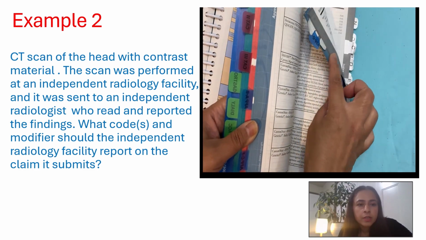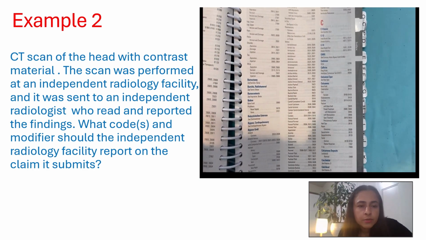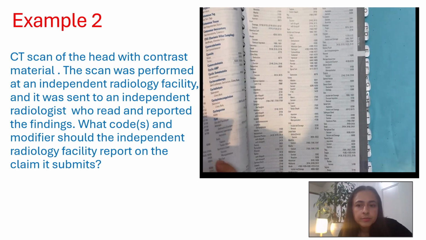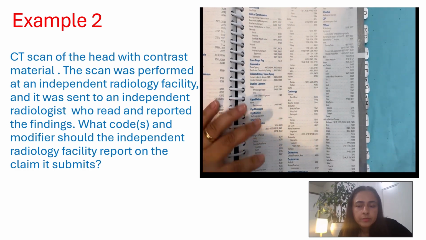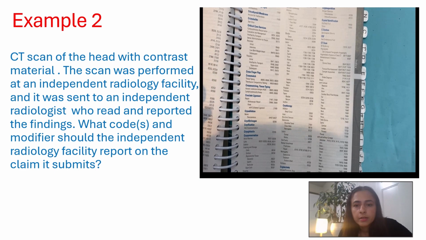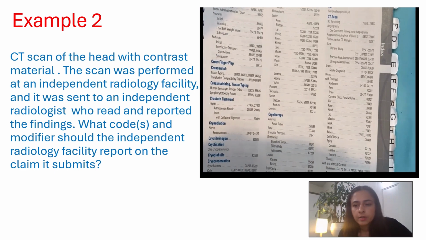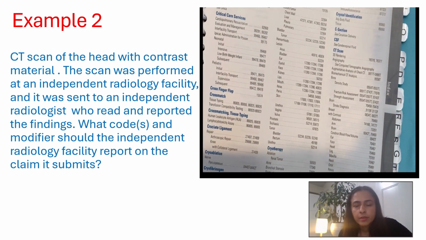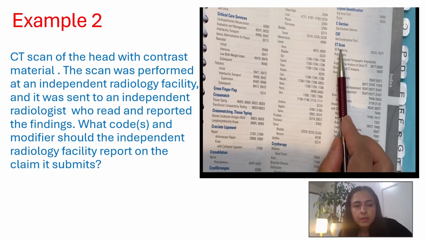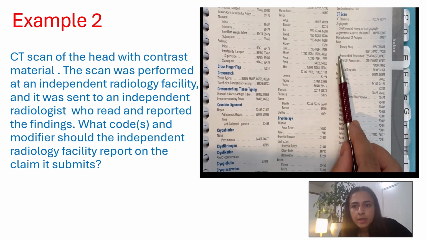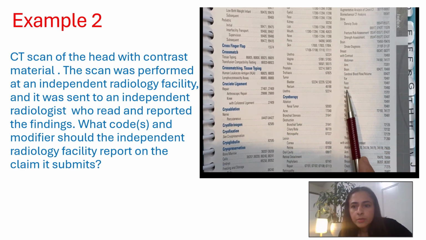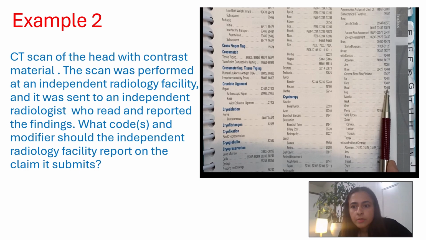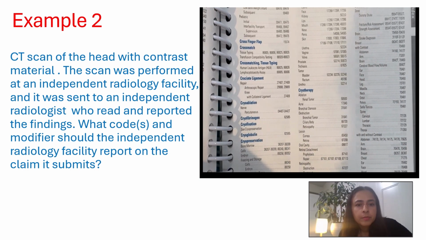So we're gonna go to the index with CT scan. And under the CT scan we can check with contrast, and there is head, so we're gonna go with 70460, and we will verify this.